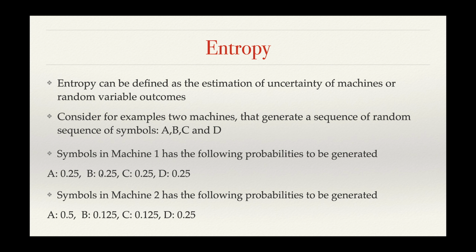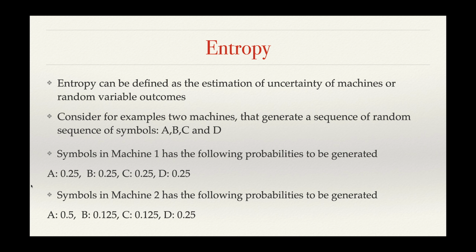So, at the very beginning, I have 25% to generate A. In the second step, I also have 25% to generate A. Same for B, same for C, same for D. So it's uniform. Now in machine 2, we have a different probability distribution. For example, we always have a 50% chance to generate A, 25% D, then 12.5% for C and B.